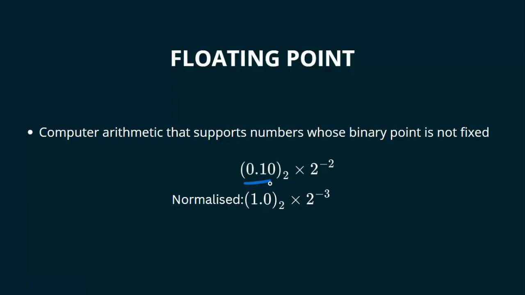That is, to the left of the binary point, there should be only a single one and not zeros. So, in order to keep this binary number in its normalized form, its binary point is shifted one position to the right. And we get the normalized form like this.